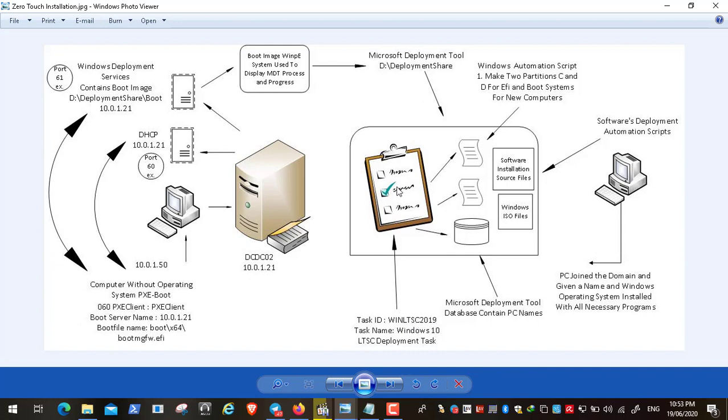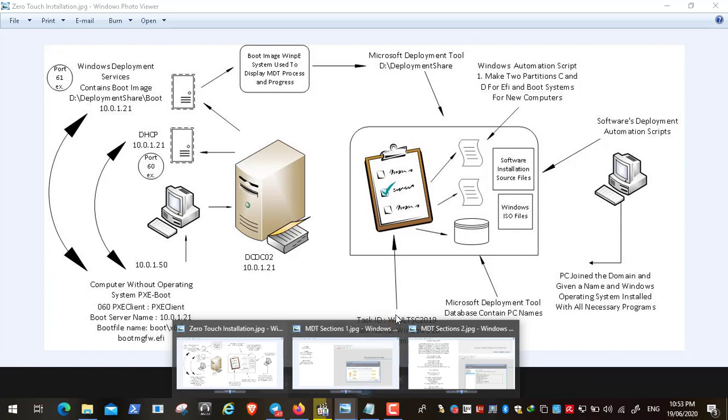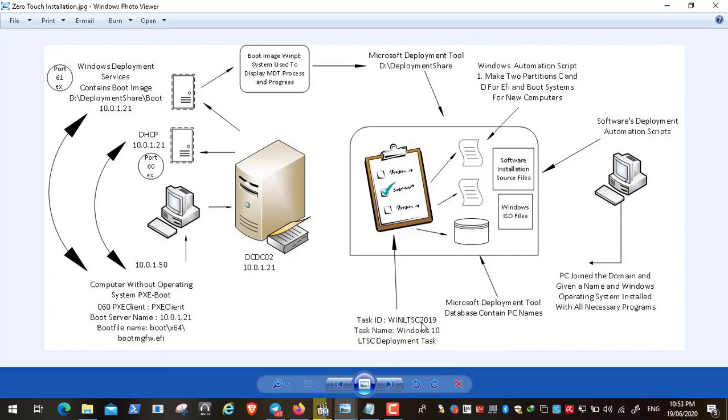If you have more than one task list, for example three or four, you should tell it which task list you need to implement. So here I am telling it that I need to implement Win LTSC 2019. This is the task list that we created, as you remember, to partition the hard disk of the Windows machine and to install the software that we have been configuring for a couple of minutes.